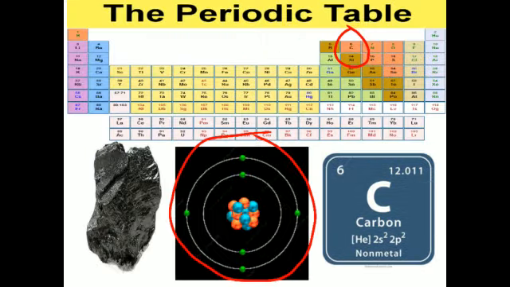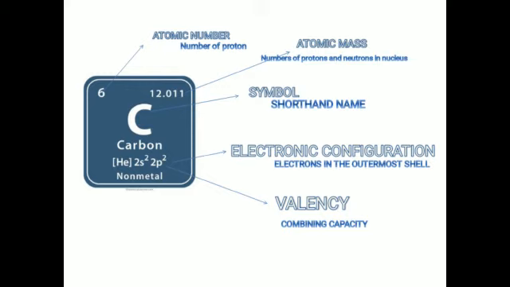Now the periodic table is not only helpful in finding the places of the elements, but we can read so many of its chemical properties from their places. You see, this number 6 is the atomic number of carbon, which shows us the number of protons present in the nucleus of this atom. This 12 is the atomic mass, and atomic mass represents the number of protons and neutrons in its nucleus. You know, both of these are atomic properties and they are unique for each element.